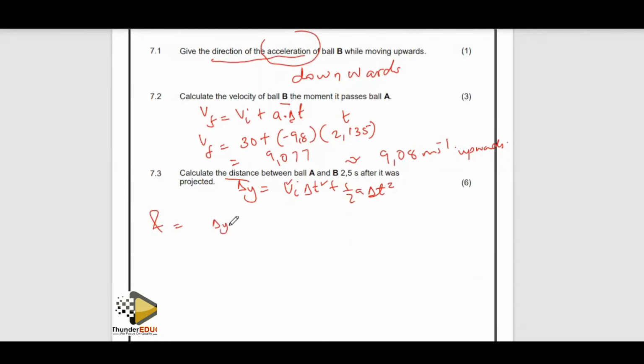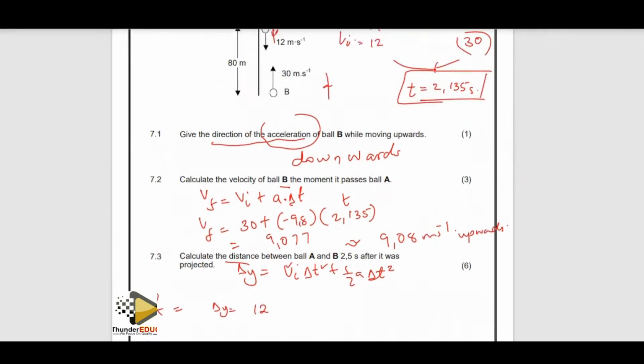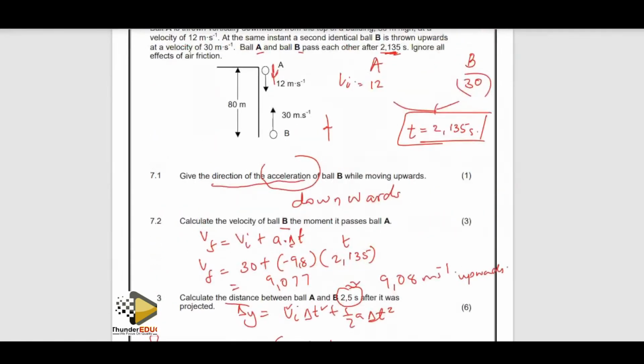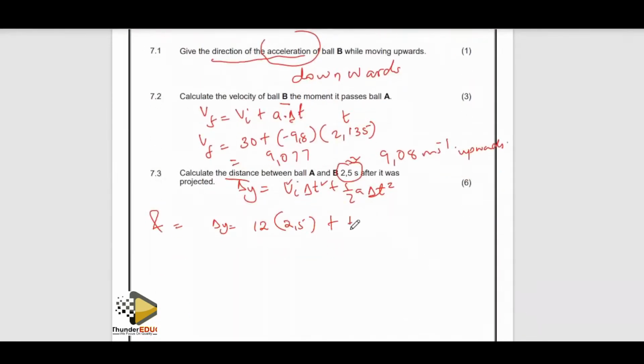So if I focus on A, my displacement is gonna be our initial velocity was at 12, and the time that we're looking at is 2.5 seconds. And then plus, remember ball A was being thrown downwards, so the 9.8 is gonna be looked at as positive.